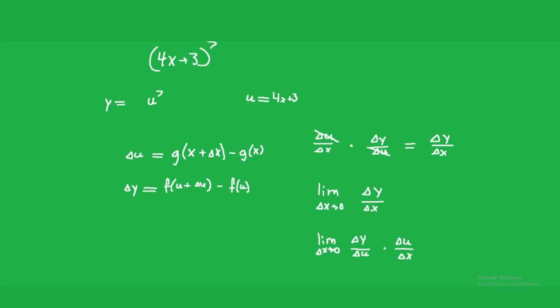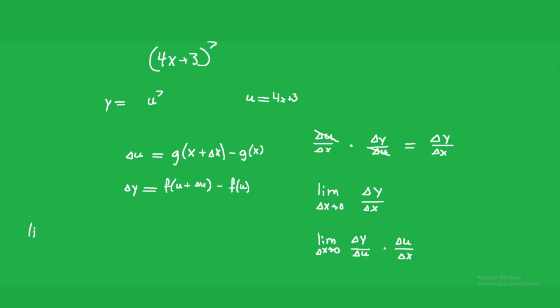Now, for this one here, you'll notice that this is just going to be the derivative of u with respect to x. But that doesn't work for this one. And I'll show you a way around that in a moment. But just so you know, it is a limit property that you can split this into two limits here.